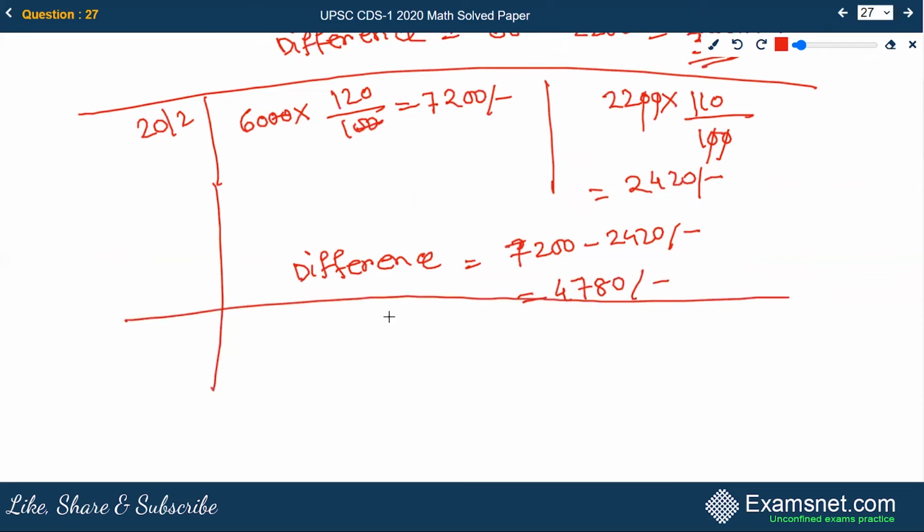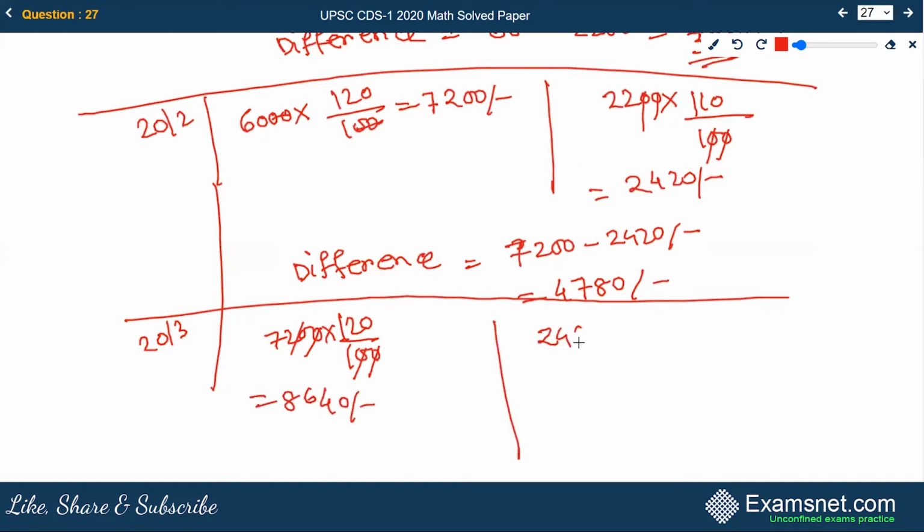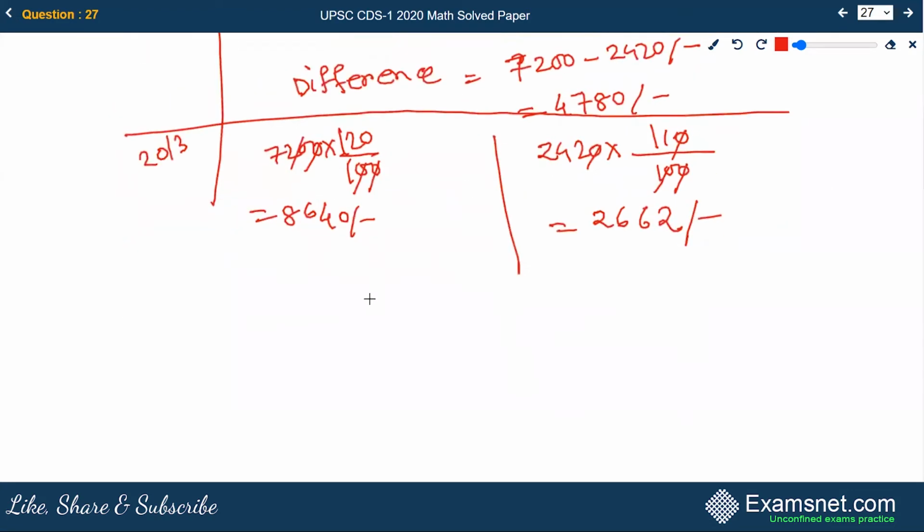Now let's check for the next year, 2013. The price for article X will be 8,640, and the price of article Y is 2,662. So let's find the difference now.